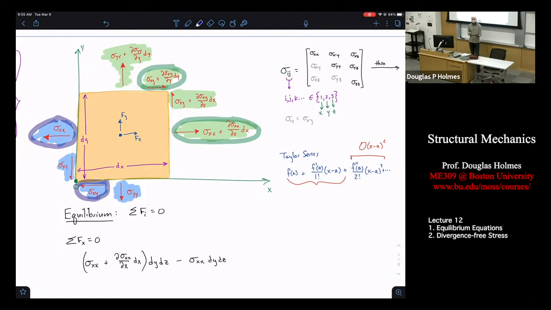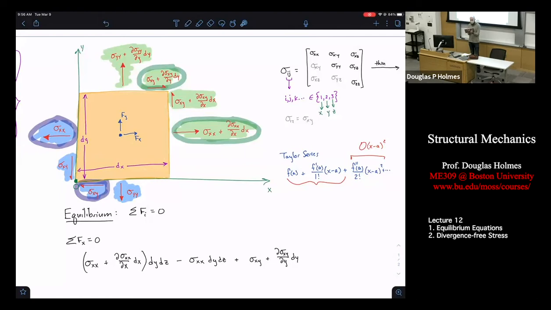Those are the only ones acting in the x direction. So we'll have to add to that our shear stress multiplied by its area. So this is going to be sigma xy plus the partial derivative of sigma xy with respect to y, times dy.